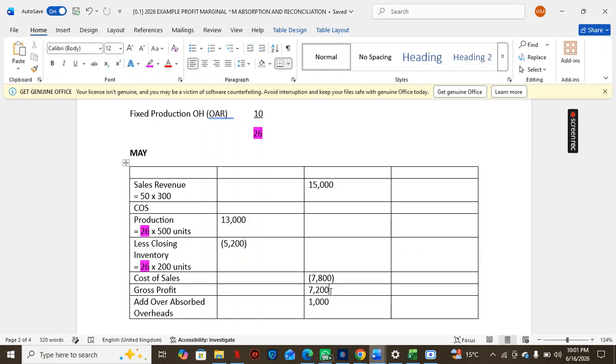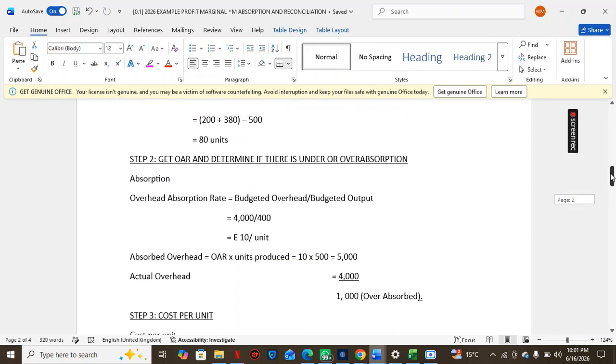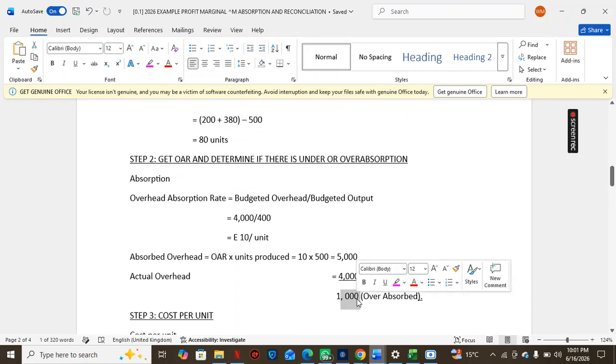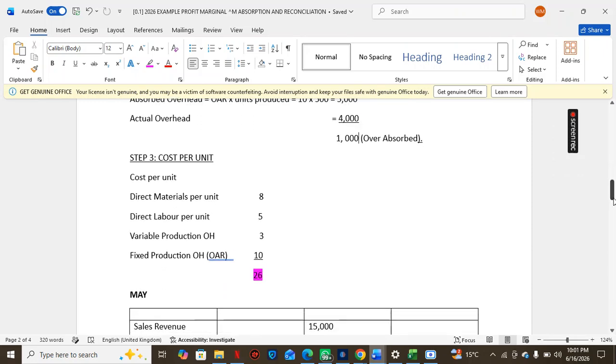So the adjustment we need to make to the gross profit due to this over absorption is to add the over absorbed overheads. This 1,000 here is coming from here. This is what we're going to use for the adjustment to the gross profit. Since we over absorbed, our cost of sales inflated, and when your cost of sales increases, your gross profit goes down.